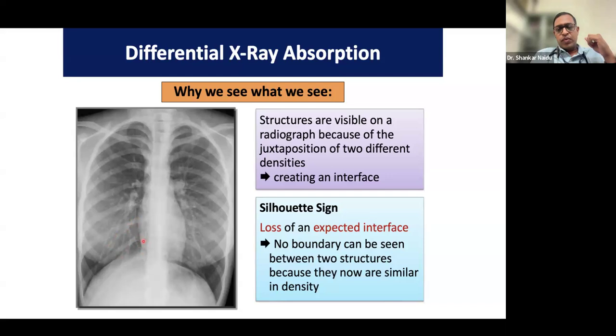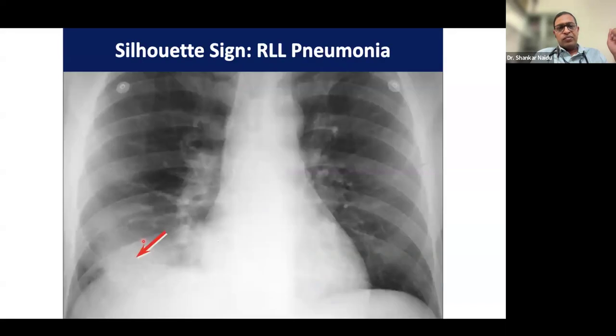This is important to remember because many times silhouetting might indicate some pathologies, and sometimes it might mask a few things in the X-ray. Like here, there is a consolidation patch which is masking the diaphragmatic border. We need to identify this silhouetting so that we can correctly interpret the X-ray.